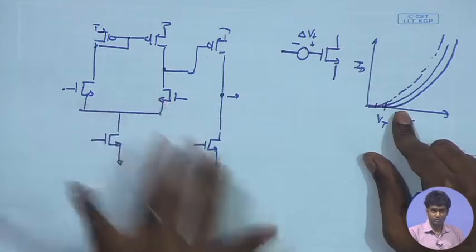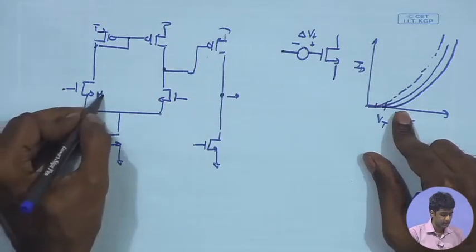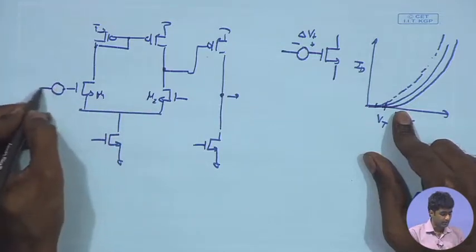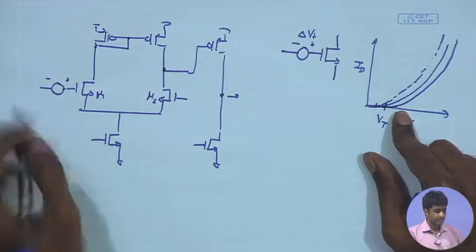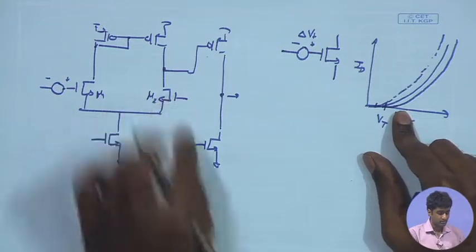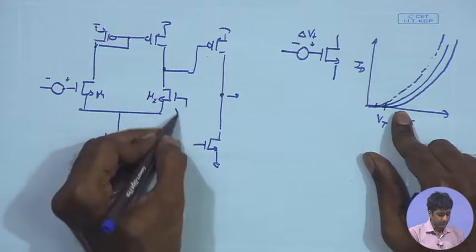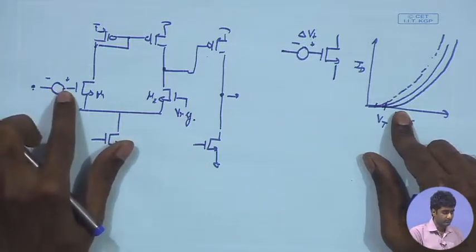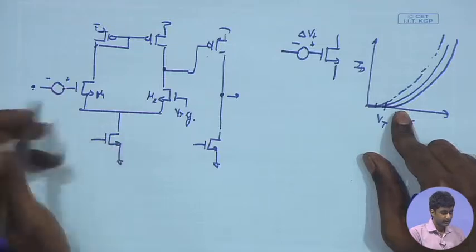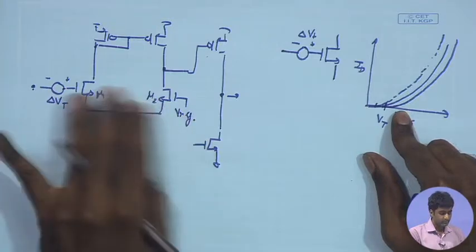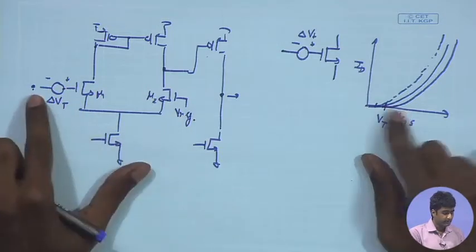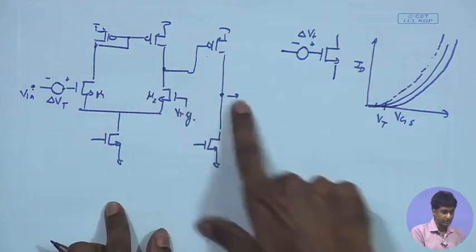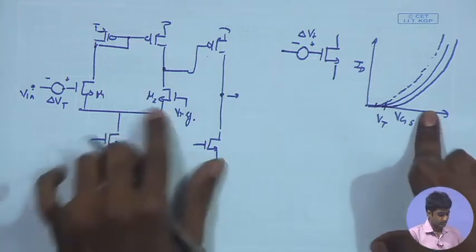So, as long as the open loop operation is concerned, say this is M1 and this is M2, and this is having a Vt which is slightly larger as compared to the other device M2. Now, if we have Vref over here, and we assume that the Vt of this device is larger, in case of a perfectly matching case, I would expect that when this input approaches Vref and crosses Vref, the output should be going high.